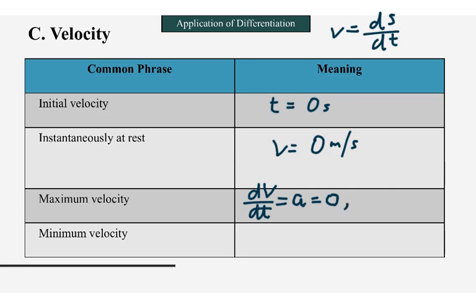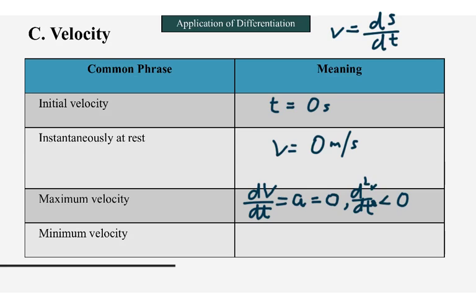Now, if we want to determine whether the velocity is maximum or not, we have to look at the second derivative of the velocity. When you calculate the second derivative of the velocity and find that it is less than 0, it means that the velocity is maximum.